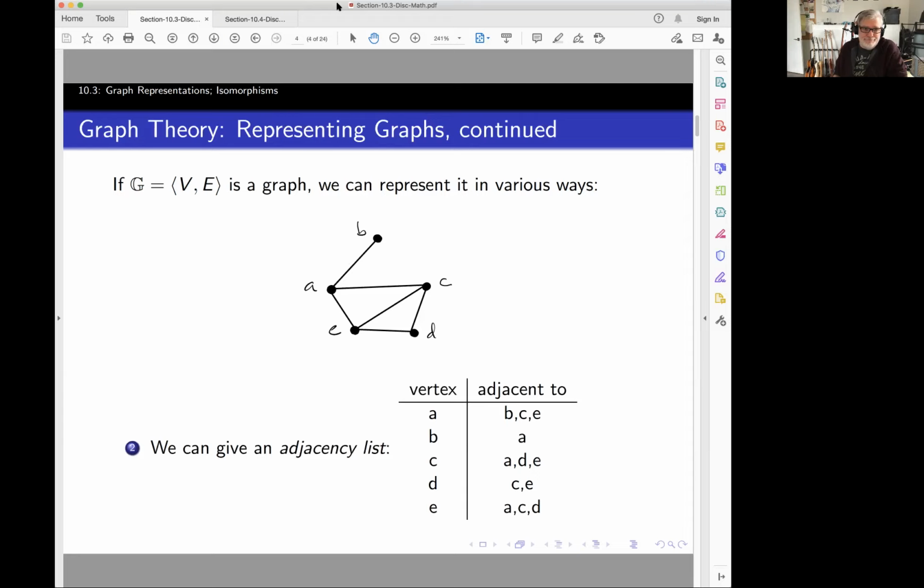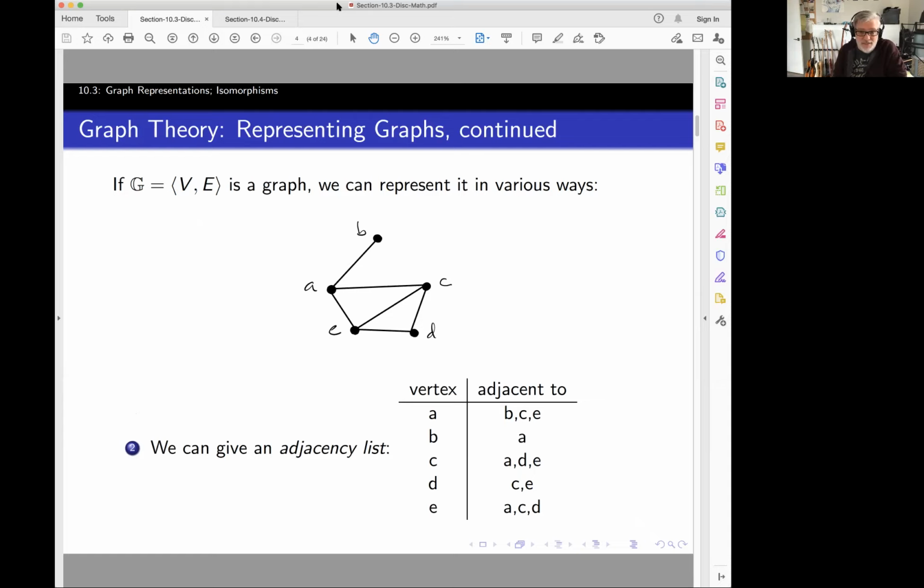An adjacency list. I'm just repeating what's in the book, but it's really silly. So what's an adjacency list? It's exactly what you see in this example here. You list all the vertices of the graph here.